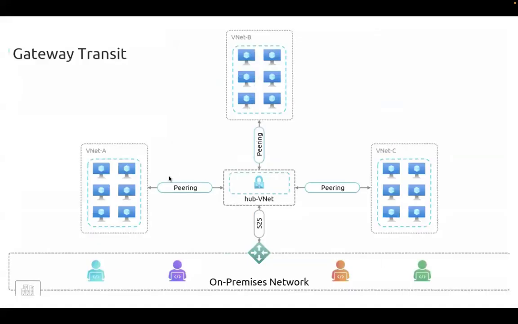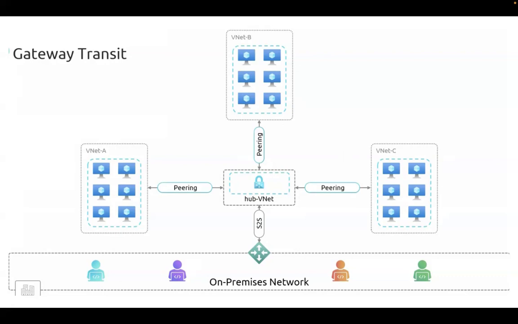They created one more VNet and are calling it a hub VNet. It is similar to the other VNets, but they have created peering between the hub VNet and VNet A, hub VNet and VNet B, and hub VNet and VNet C. Once you configure VNet peering, it uses the Microsoft backbone, which is very fast.